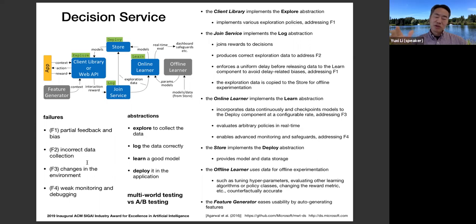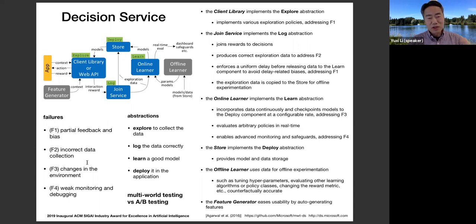For example, in reinforcement learning, we need to handle delay. Maybe I should say that for supervised learning, we need X and Y: the input X and the label Y constitute a data point. But for reinforcement learning, we need state, action, reward, next state. We need this kind of tuple to form a data point.